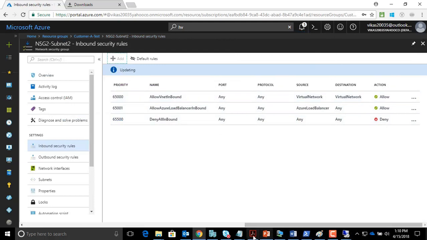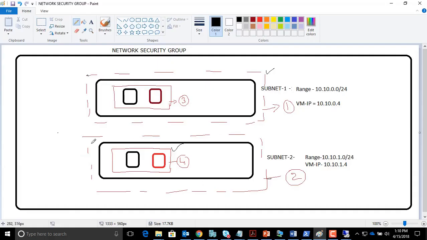So if you see the scenario, subnet 2 is allowed, but still somebody is blocking at firewall number 4.